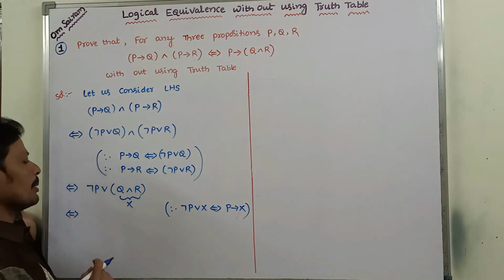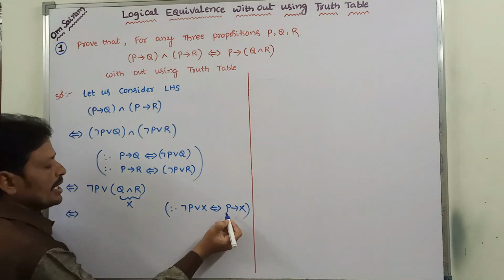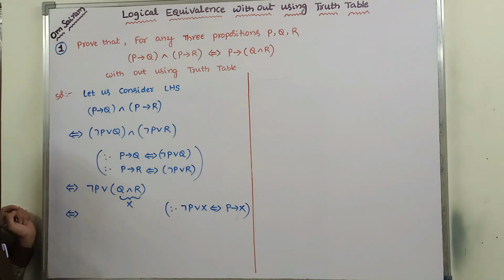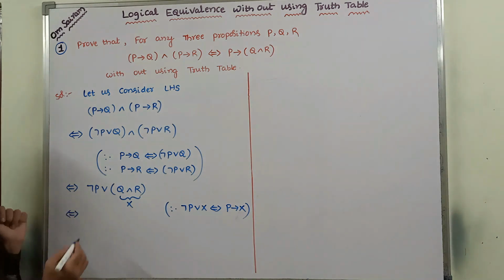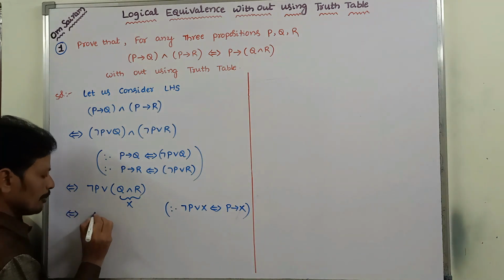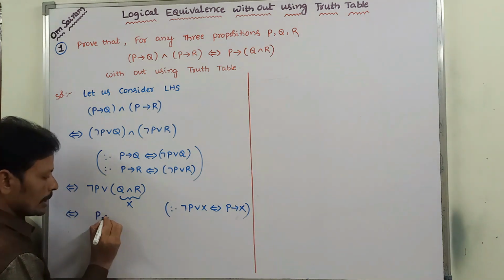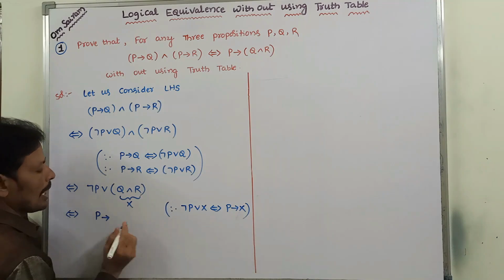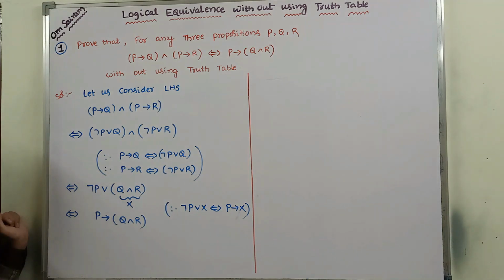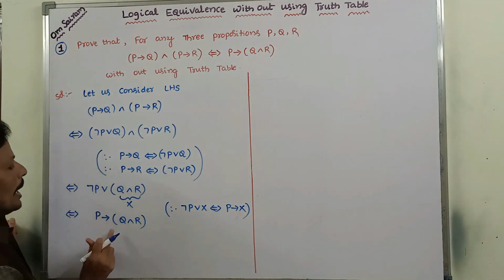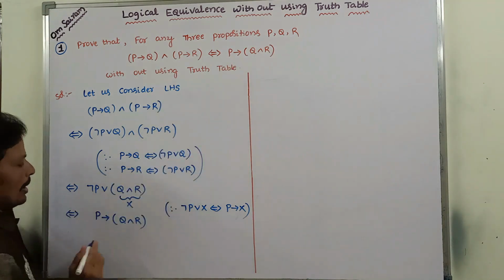That means P → X. What is the P value? P. What is the X value? X value is Q and R. So we get P → (Q ∧ R).